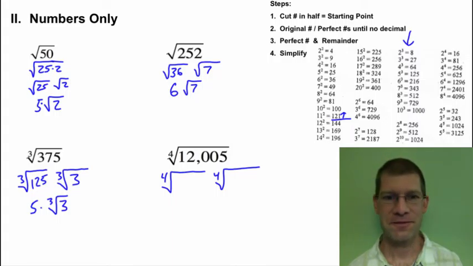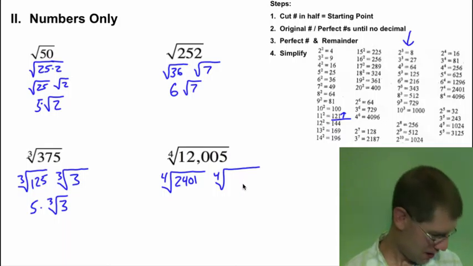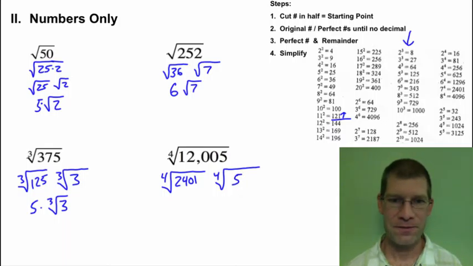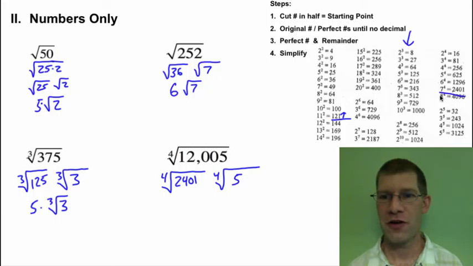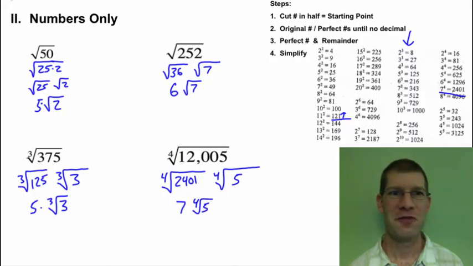And I get a 5. So then I could say that this here is the fourth root of 2401 times the fourth root of 5. Now what to the fourth is 2401? It's going to be a 7. So 7 times the fourth root of 5. Let's move on.